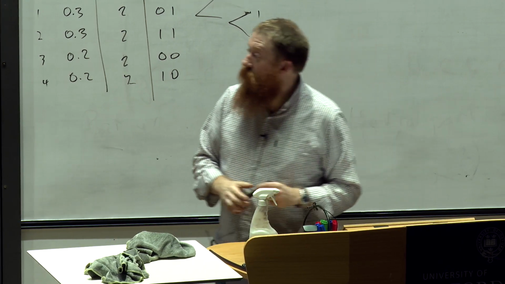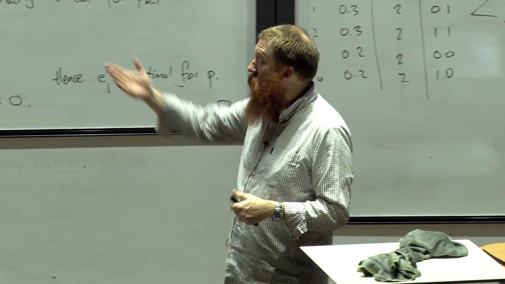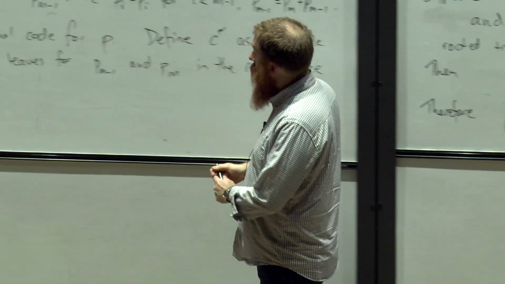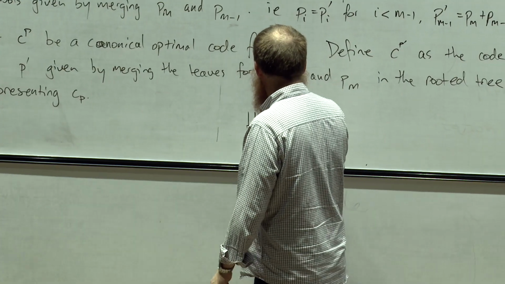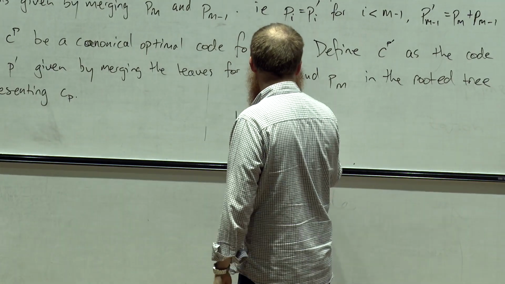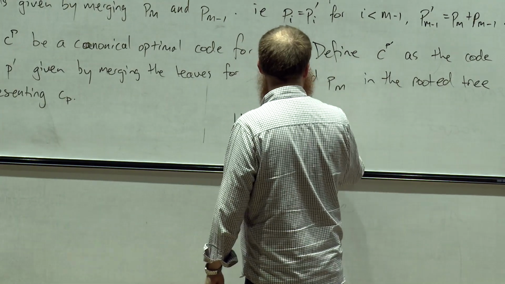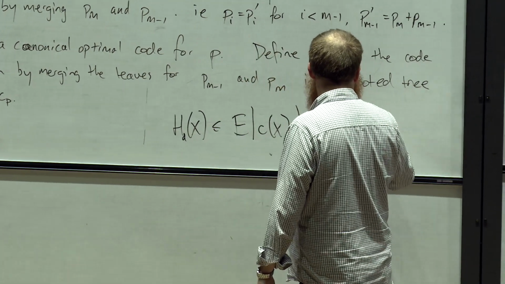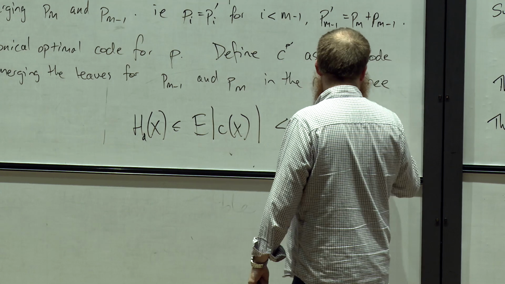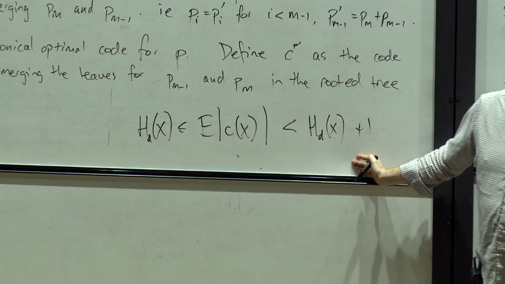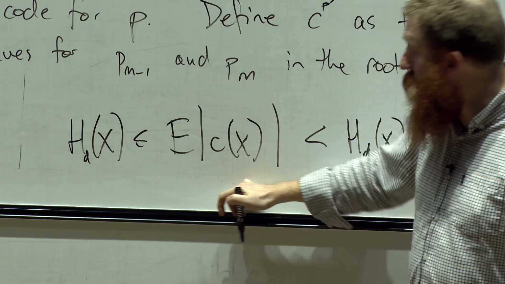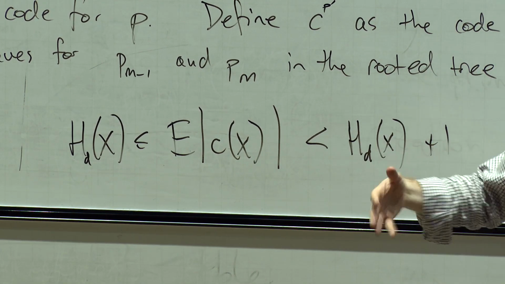Now, optimality, what can we say about the optimality? Well, Huffman is optimal. That means, well, I know h of x is less than or equal to the expected code word length, which is less than h x plus 1, but I can't say much more than that. What I can say, as always, is I could apply the Huffman algorithm to blocks.